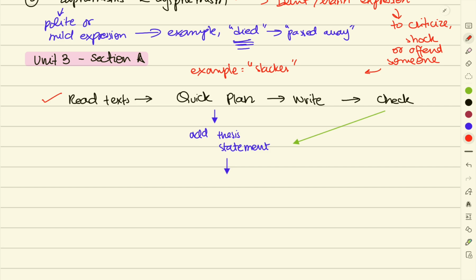So you quickly plan. So how do you plan? Well, a quick way to plan that I personally use is a thesis statement. You read the text and then you read the question prompt, and then you try to analyze, okay, what's required of me?